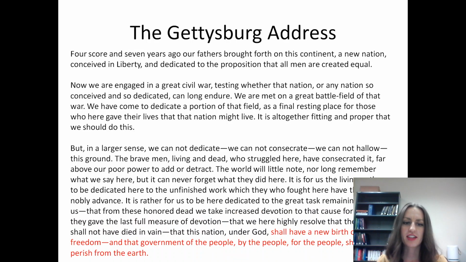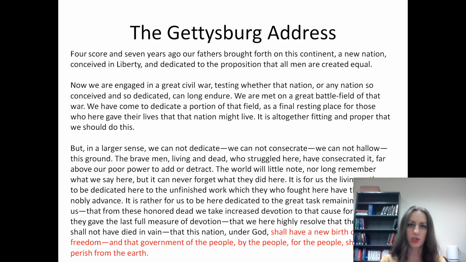All right, and then finally at the end here, we have that this nation under God shall have a new birth of freedom, and that government of the people, by the people, for the people, shall not perish from the earth. Okay, lots of things going on here. First, we have more allusion back to the founding, back to the Constitution, right? This phrasing here is alluding back to the Constitution, we the people, right?